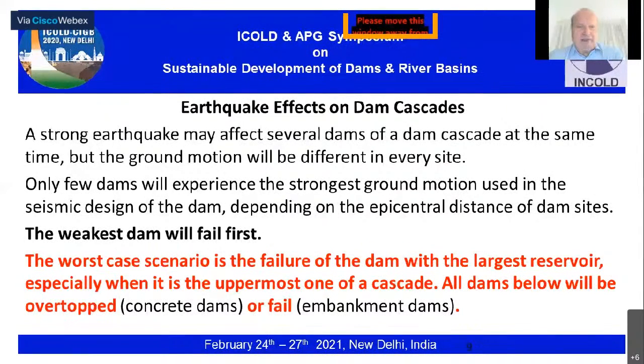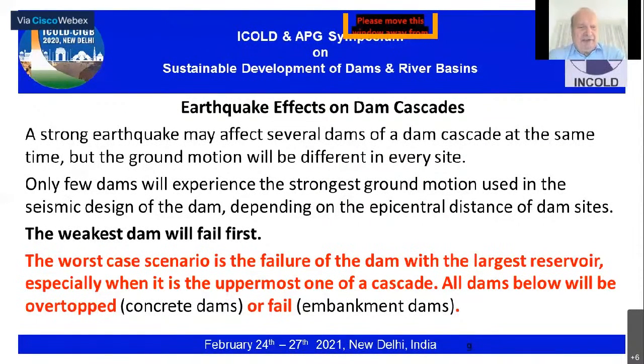Only few dams will experience the strongest ground motion, which has been assumed in the seismic design of a dam, because of the epicentral distance of each dam site. In general, we can say the weakest dam will fail if the ground motion is the same.